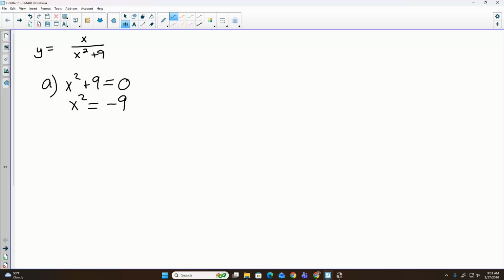If it's a polynomial, we know x can be anything. If it's a fraction, we know the bottom can't be 0. So if you do that, you get an imaginary number, so you just figure out that it never equals 0, so you're just going to get negative infinity to positive infinity.